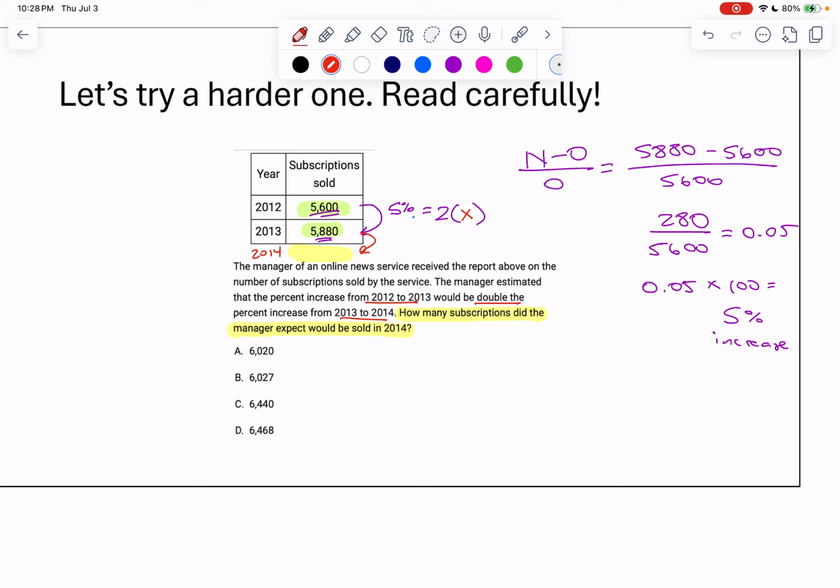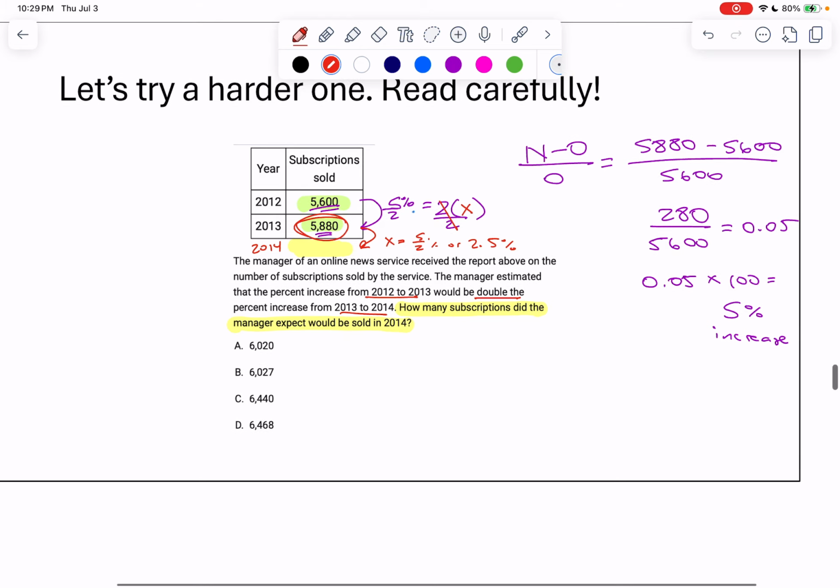So 5% is two times whatever I'm looking for. So now I'll divide both sides by 2, and 5 divided by 2, I'm going to keep it in its decimal form, is, when these cancel out, X equals 5 over 2%, or 2.5%.